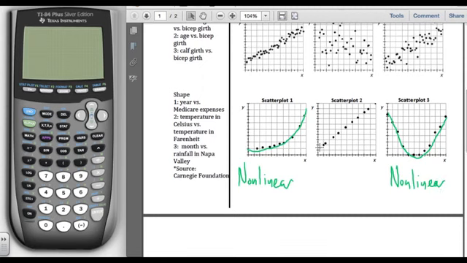But if we see a fairly straight line, it doesn't have to be a perfect line like this in Scatterplot 2, but like we saw above, it's a pretty good line. We say it is a linear scatterplot.